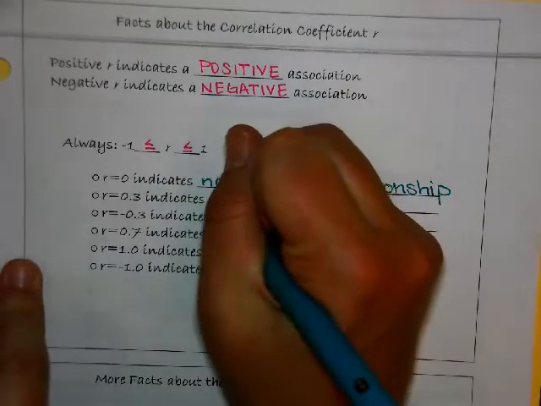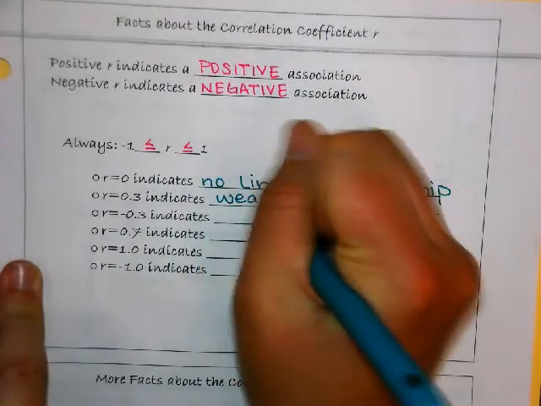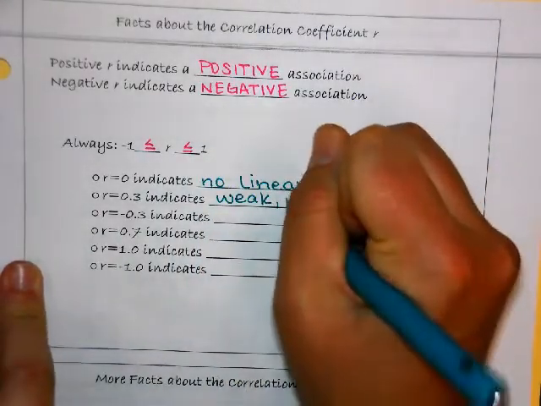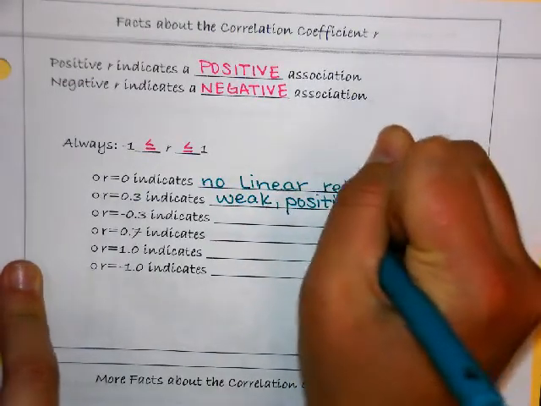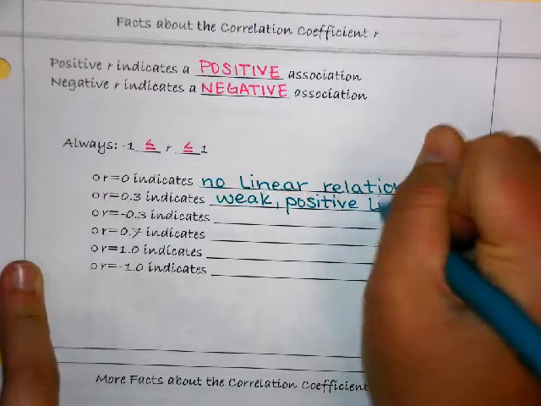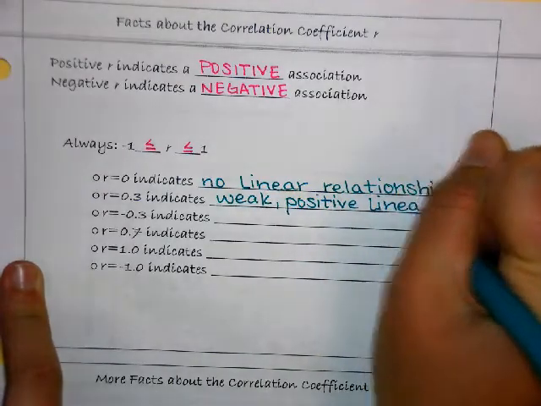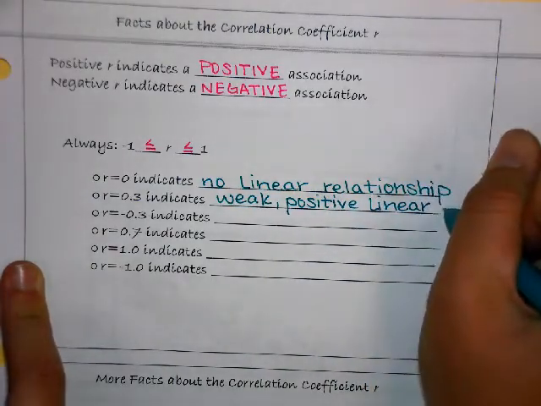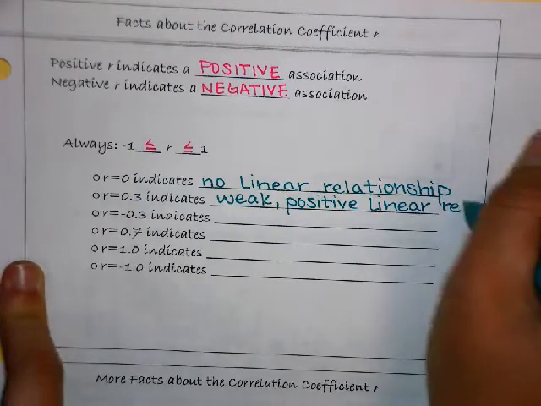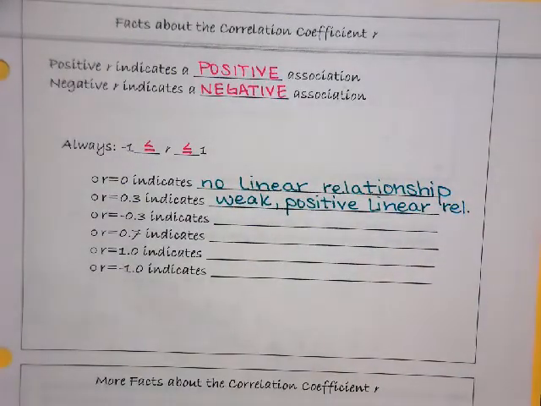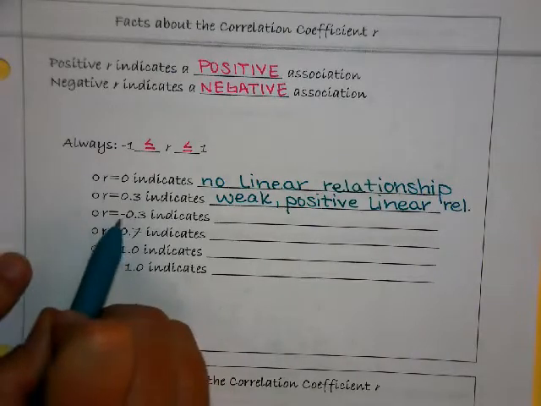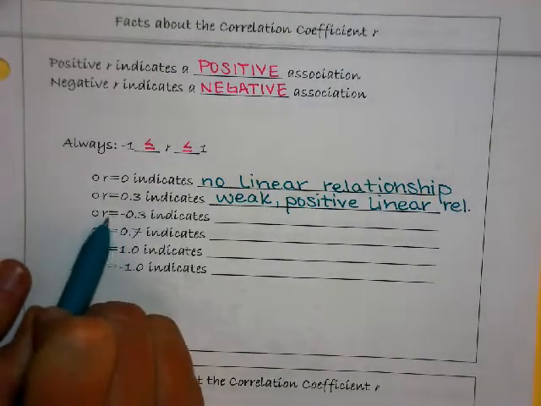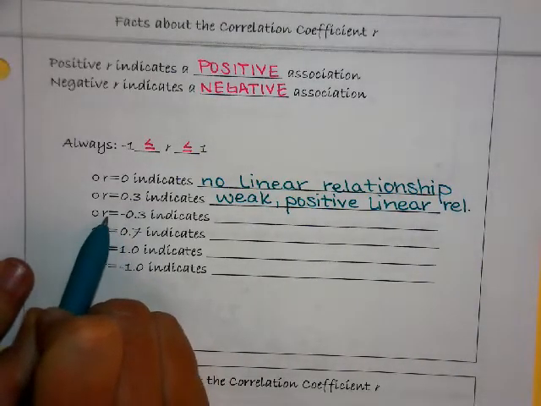You should always talk about strength and direction and form all at once in these. Can I abbreviate relationship as REL? Right. Thank you. This one, I apologize, my negative kind of blends into the equal sign. But this says R equals -0.3. So it'd be the same thing. It's a weak negative linear relationship.